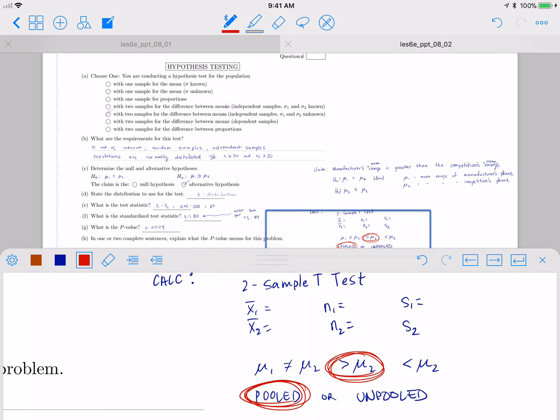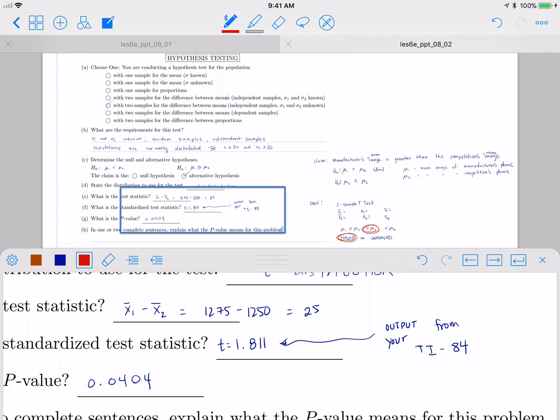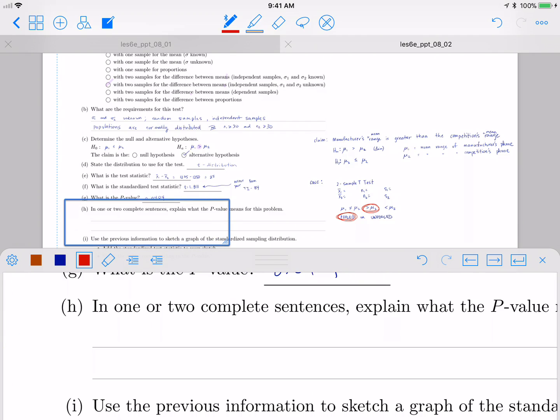When you do that, you'll get this output here: your p-value and your standardized test statistic. Now, in one or two complete sentences, explain what the p-value means.